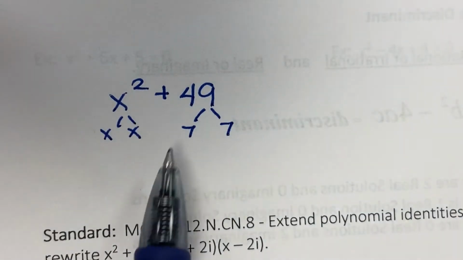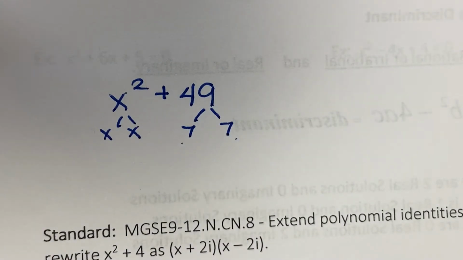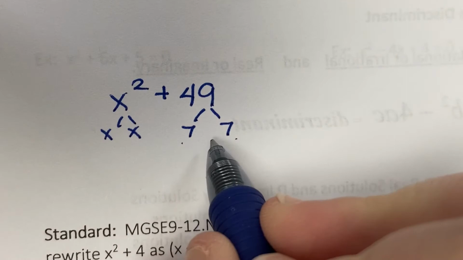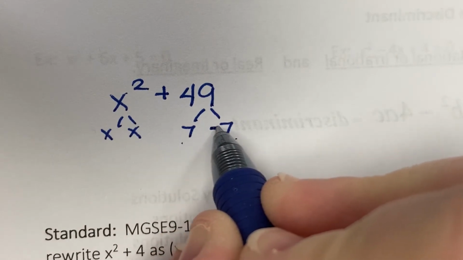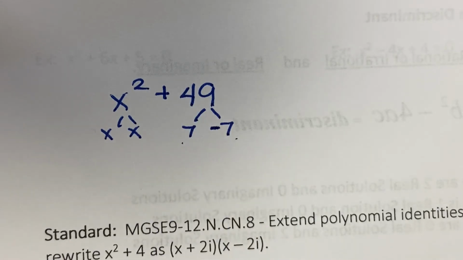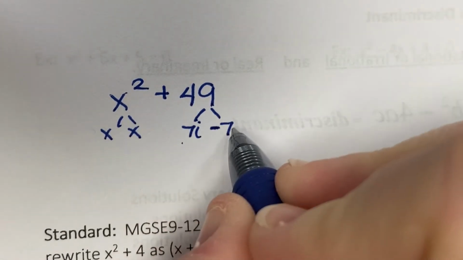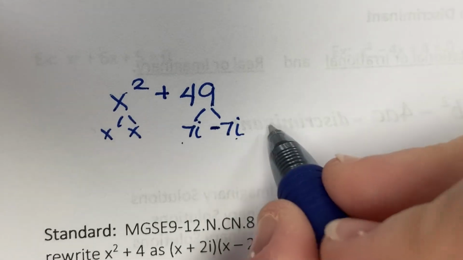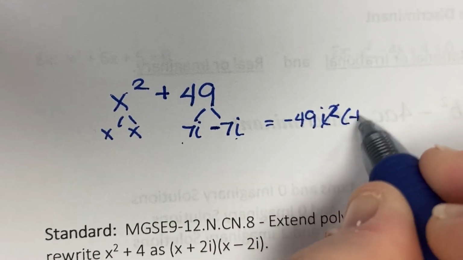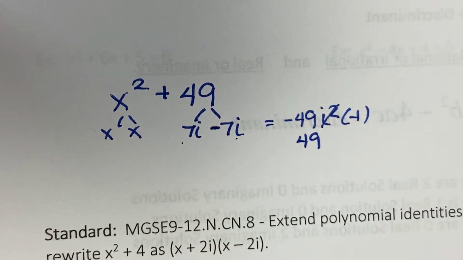But if we had 7 times 7, then when we were multiplying that out, 7 plus 7 is 14. We need this middle term to go away. So we need one of these to be a positive and one of these to be a negative. The problem is 7 times negative 7 is not 49. But if I did 7i times negative 7i, then that's negative 49i squared, which becomes a positive 49, okay? So that's pretty much how we're breaking that down.